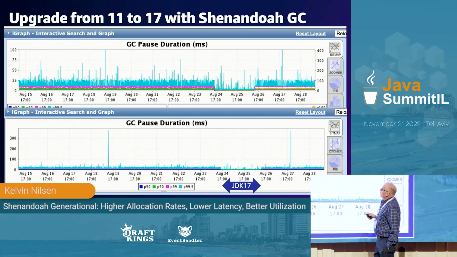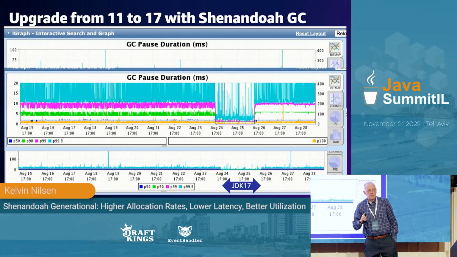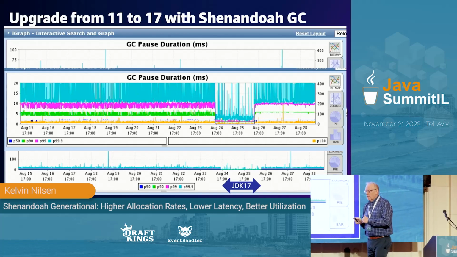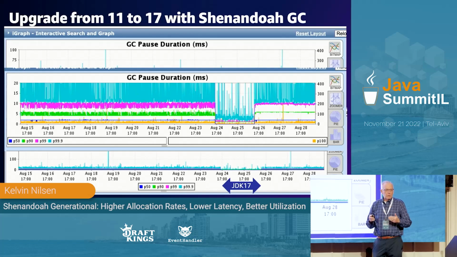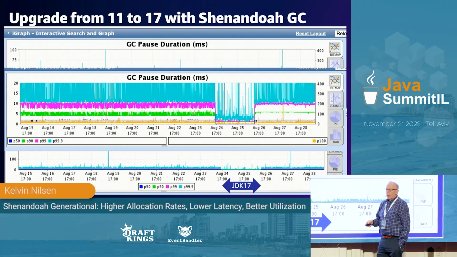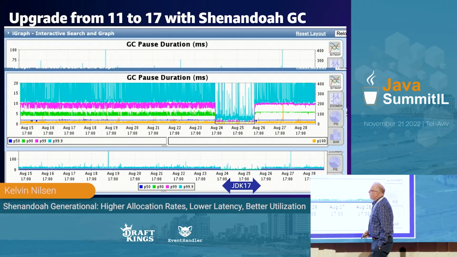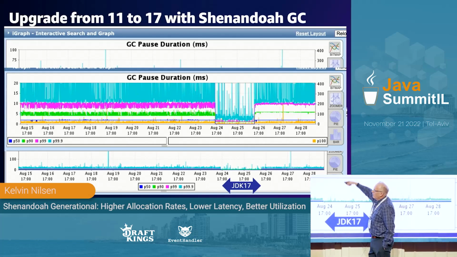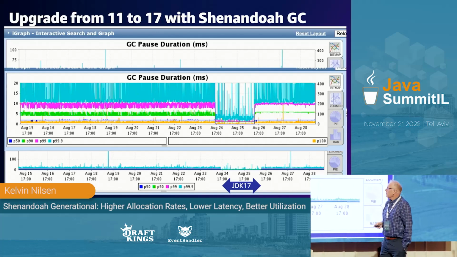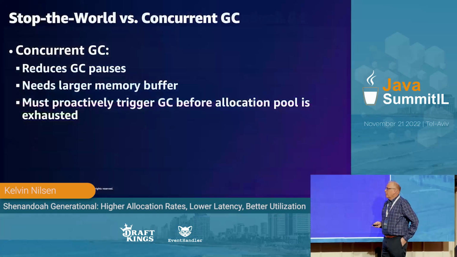I zoom in on the scale here and again, this is where, with JDK 17, Shenandoah uses concurrent stack scanning. They call it root scanning, so it can traverse the content of the thread stacks without a long stop the world pause. And so our typical pause times came down from, say, 10 milliseconds to just 1 or 2 milliseconds. So always a benefit to moving to the latest and greatest technology.